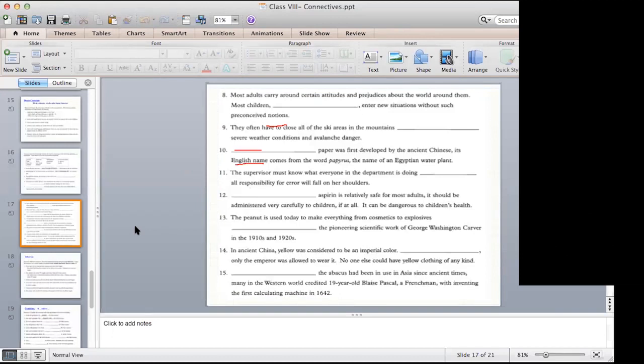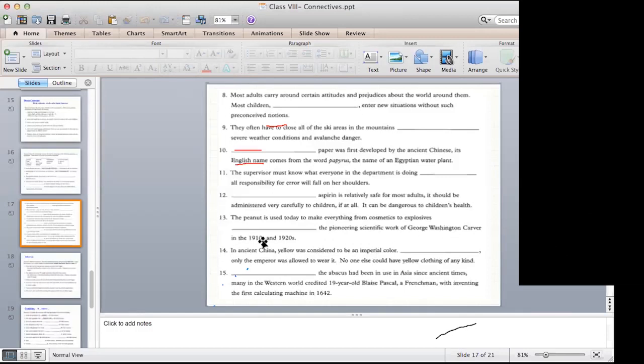We are going to use due to or because of. After due to or because of, we have the pioneering scientific work of George Washington Carver in the 1910s and 20s. It's quite a long phrase, but it's a group of words. There's no verb. What is more important here is the work. Because of the work of George Washington Carver, because of or due to.